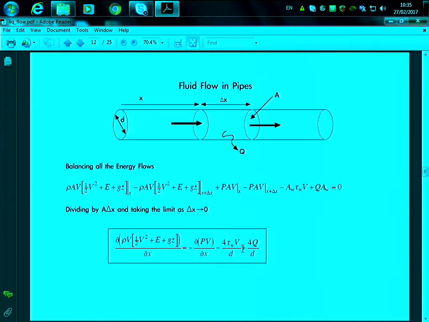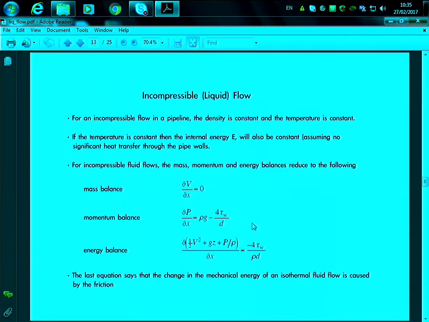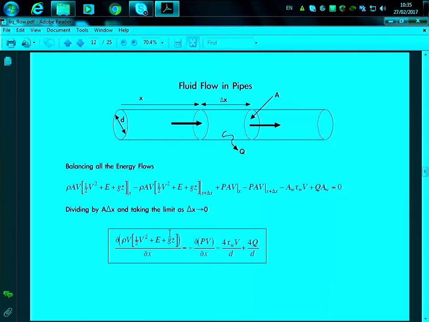Yeah. We divided by A delta x and then applied the limit delta x equal to 0. Then the parameter d, how did it come from? The denominator, yeah. If you remember, we said that the area of the wall and the area can also be expressed in terms of the diameter.